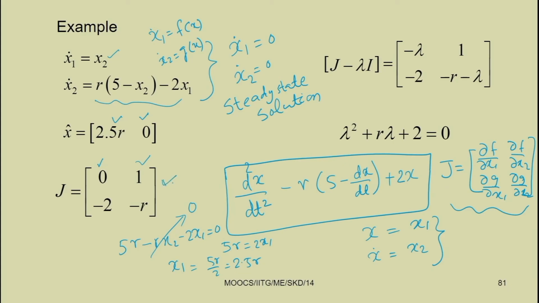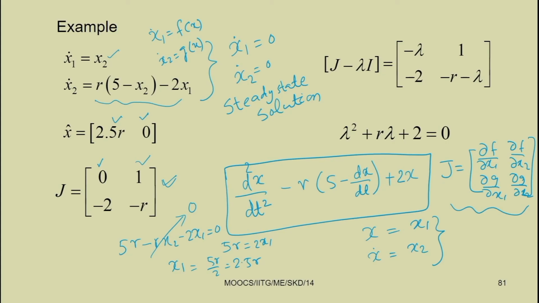So by using this formula, J equals del f by del x1, del f by del x2, and del g by del x1, del g by del x2. So we got J equal to [0, 1; -2, -r].